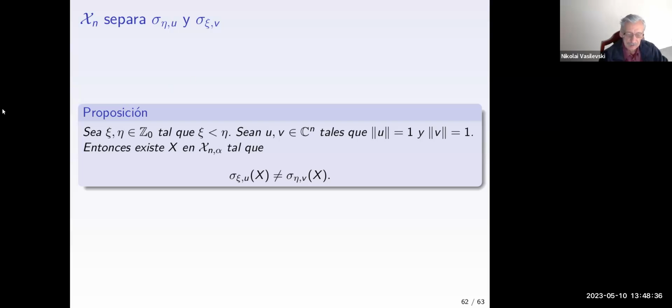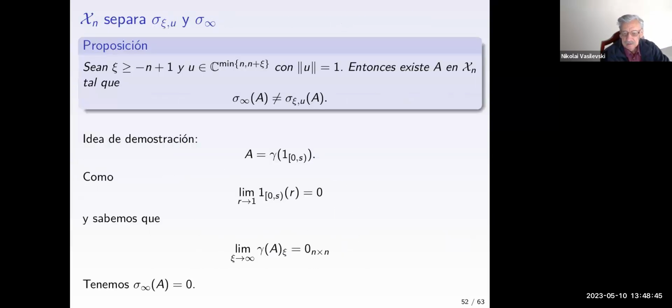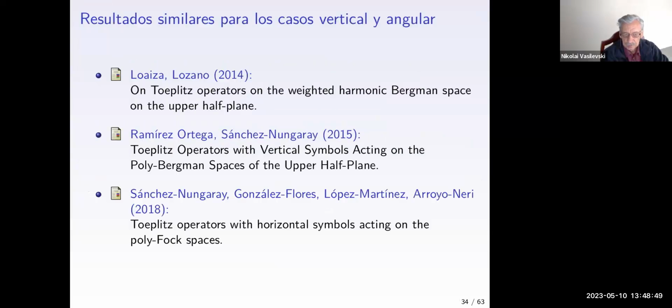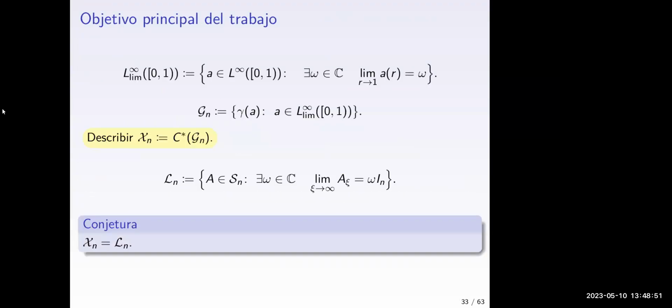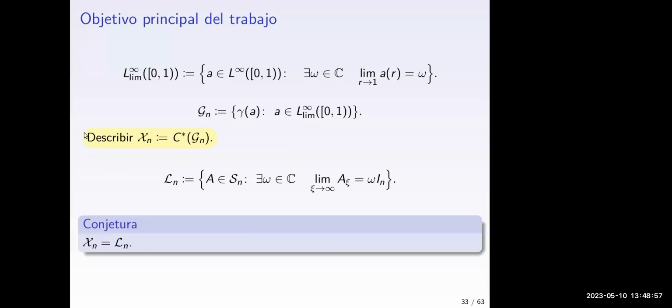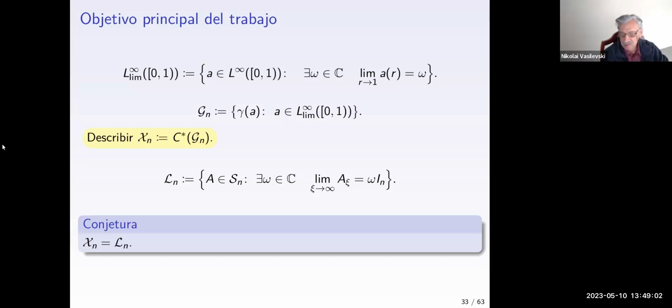If you have two algebras and one of them separates all states, then by the non-commutative Kaplansky version of the Stone-Weierstrass theorem, these algebras coincide. What was your idea to prove? Yes, this conjecture. So this conjecture is almost a theorem, yeah? So it's already a theorem.